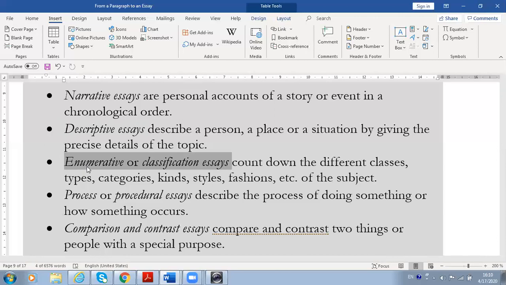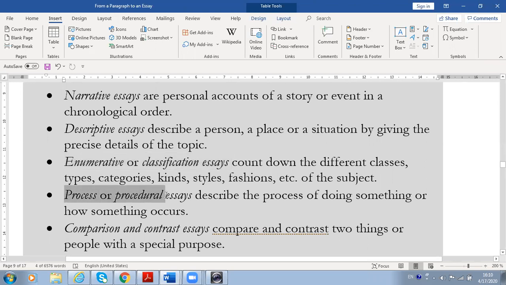For example, you are classifying people in three groups. Or when you are classifying different cars, for example, you're talking about some saloons, some SUVs, some vans, okay? This is called classification, and you're describing what each class looks like.